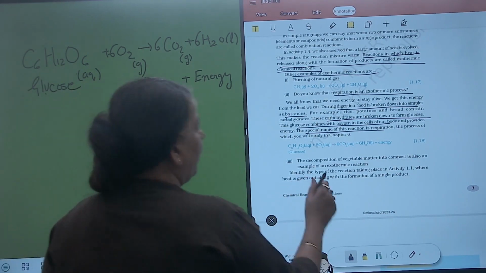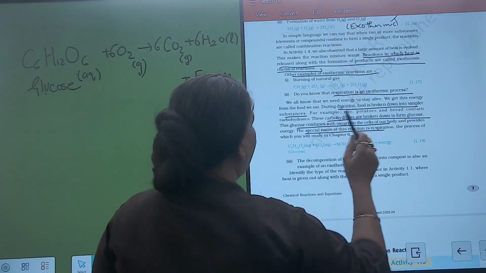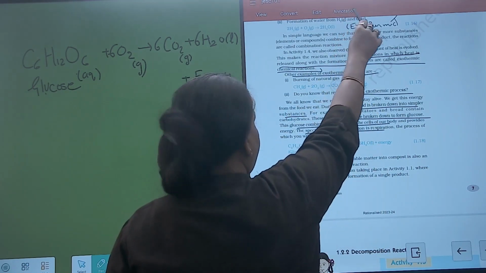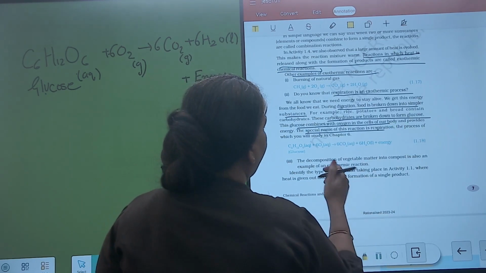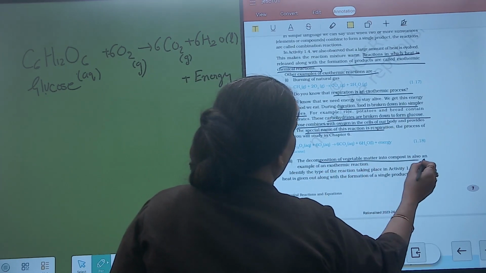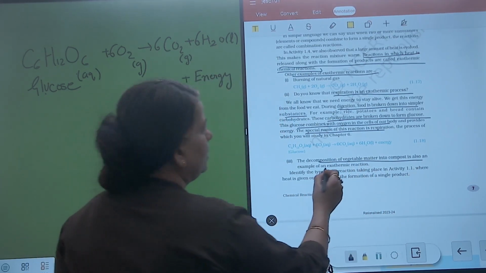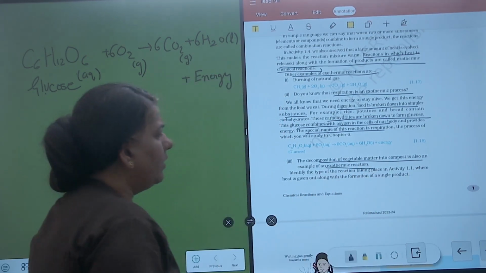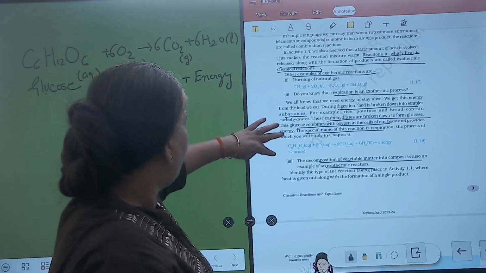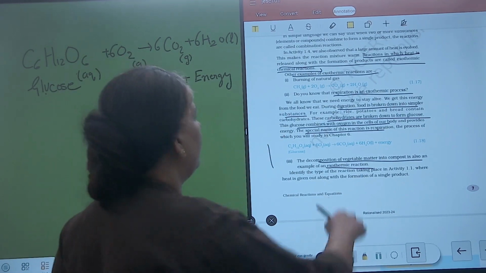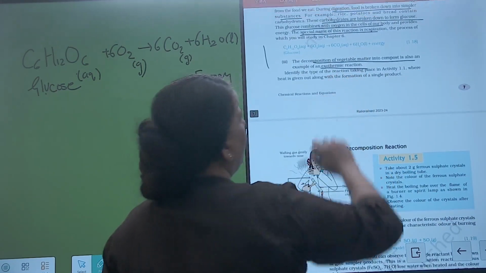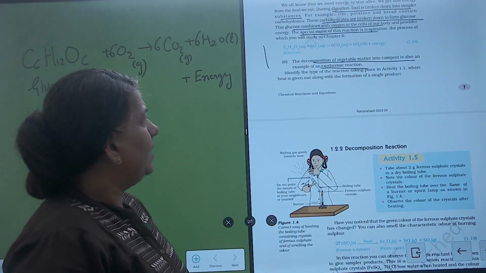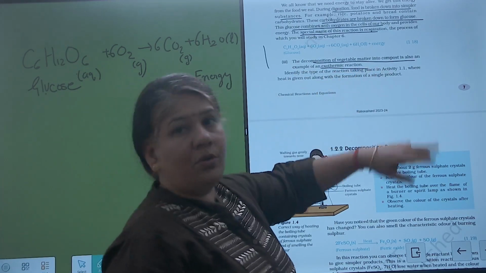Another example of an exothermic reaction is the decomposition of vegetable matter into compost. Decomposition will lead to the formation of compost, and heat is also produced.